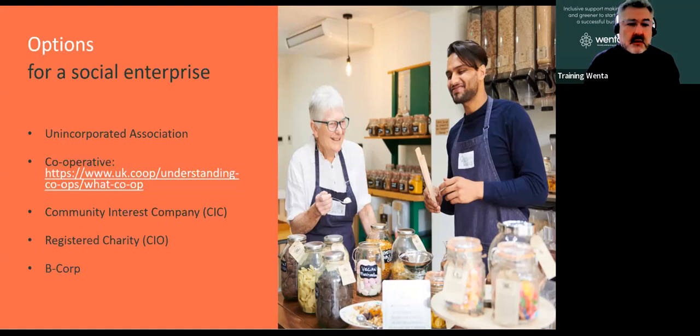It could be helping people with their well-being. It might be food supply, helping people who maybe have financial hardship. Might be an environmental cause. People come together for lots of different reasons.